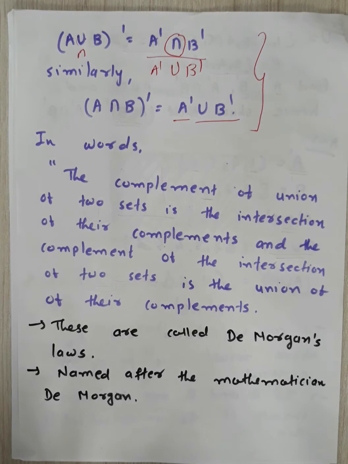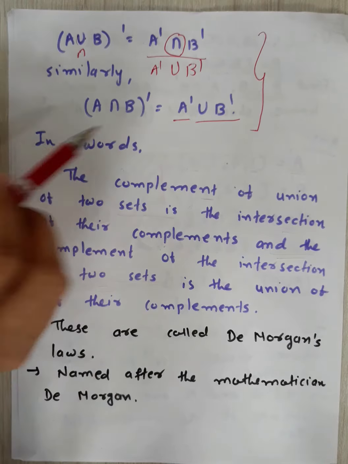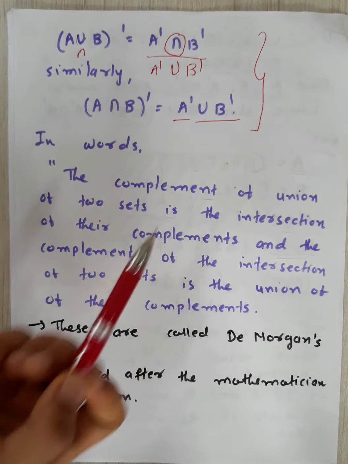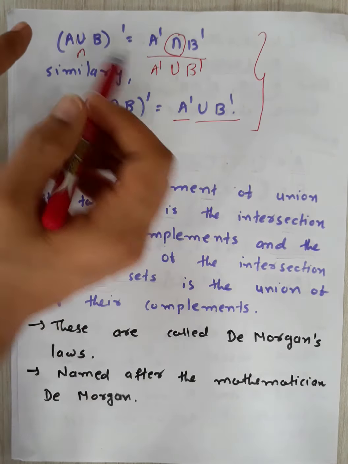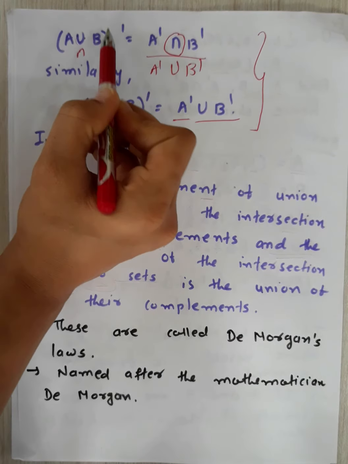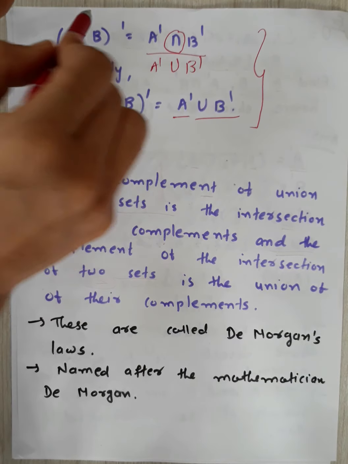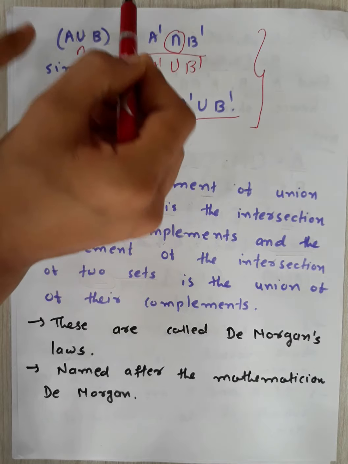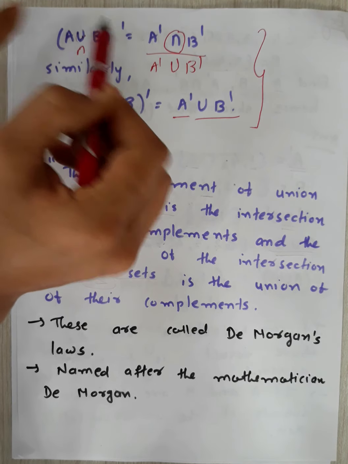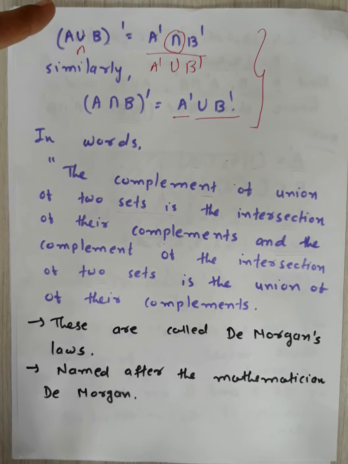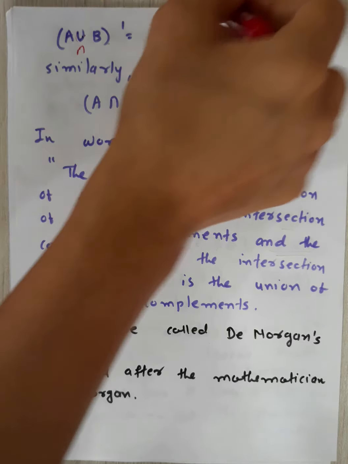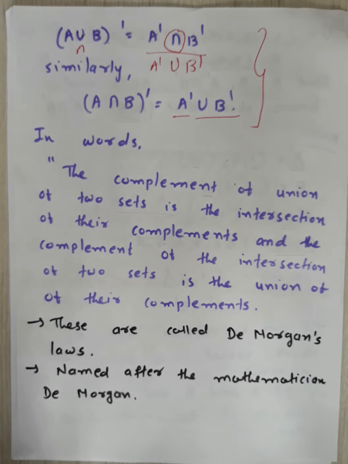So in words, how can we say it? Listen carefully. The complement of the union of two sets is the intersection of their complements.